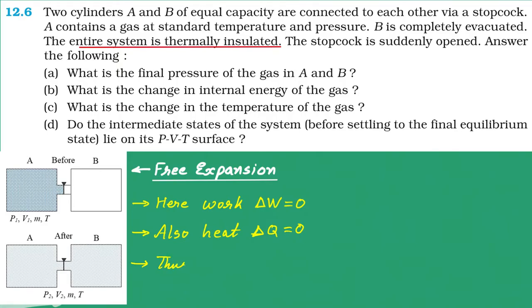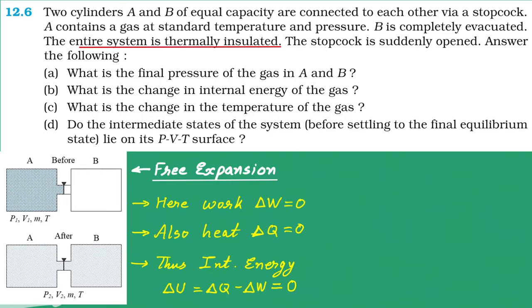Thus, now the internal energy can be written as delta U equal to delta Q minus delta W as per the first law of thermodynamics. But here delta Q and delta W are 0, that means delta U is also 0.